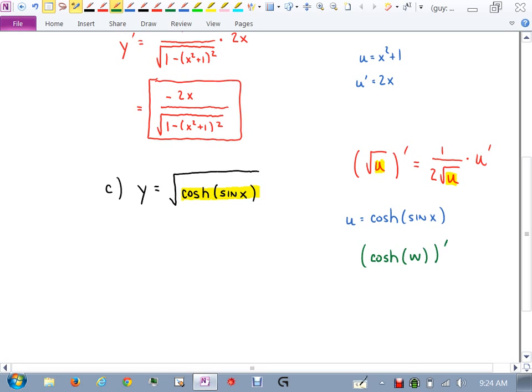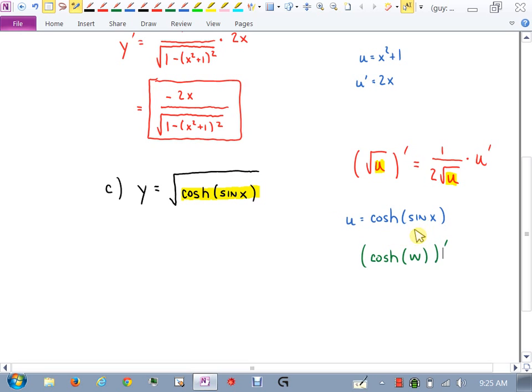Do you all understand what I'm doing here or not? Kind of? It's not a product. It's because cosine hyperbolic is a function. Now, if it said cosine hyperbolic x times sine x, then it would be a product rule.